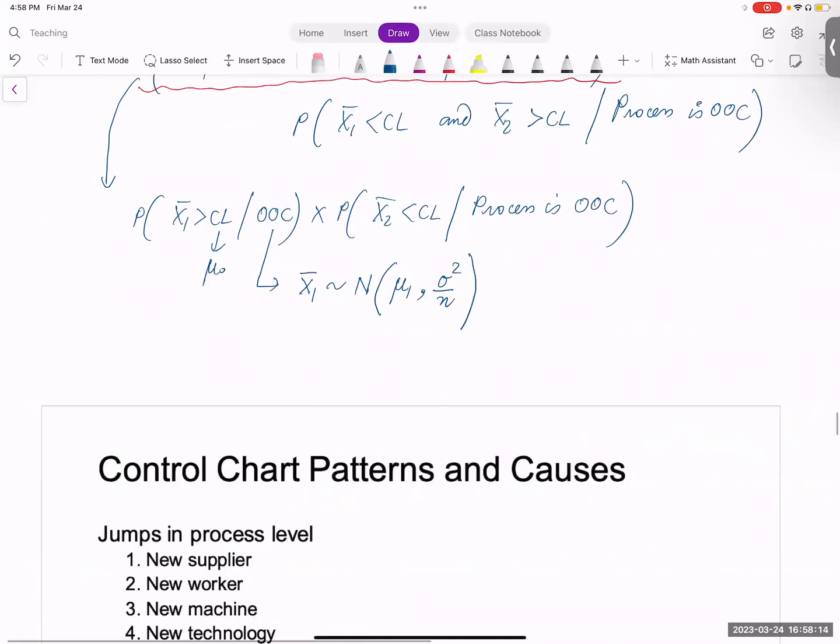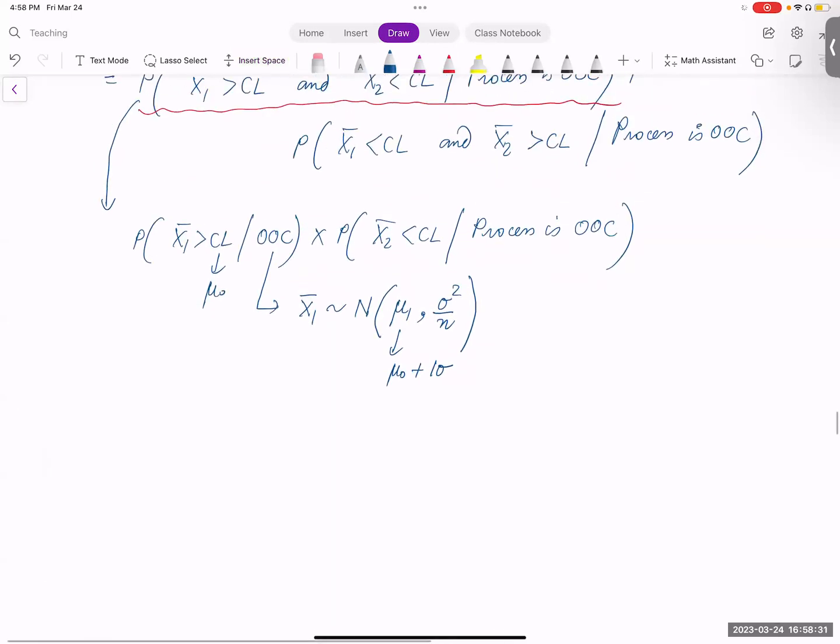So the process mean has shifted. And this is very, very important. You have to be very careful. If the process is out of control, you have to make sure that you use the right process mean. Okay. So now, knowing this, now we can solve the problem.